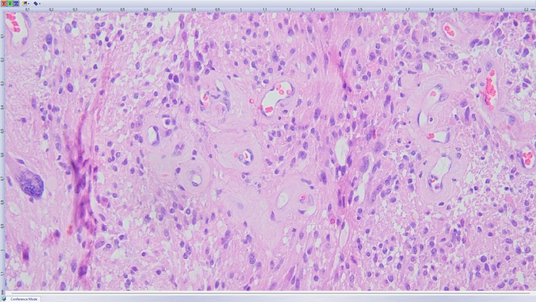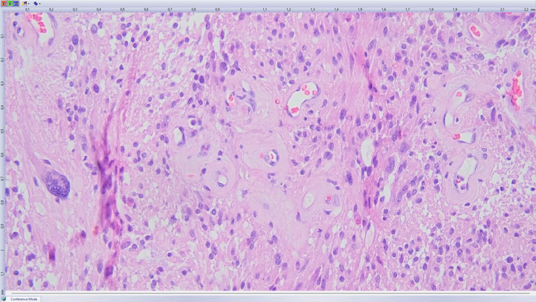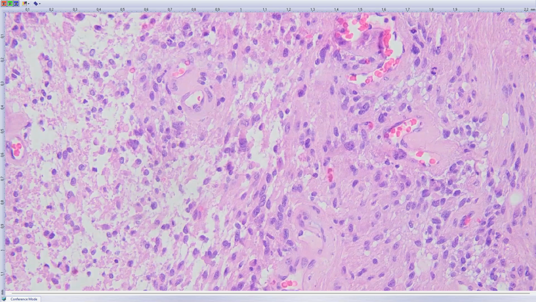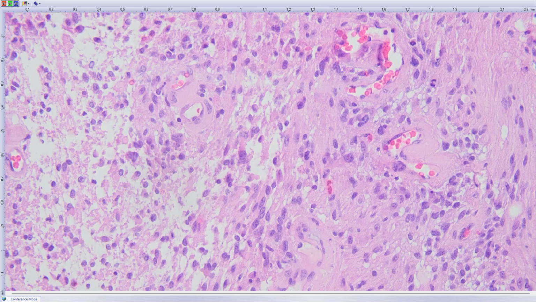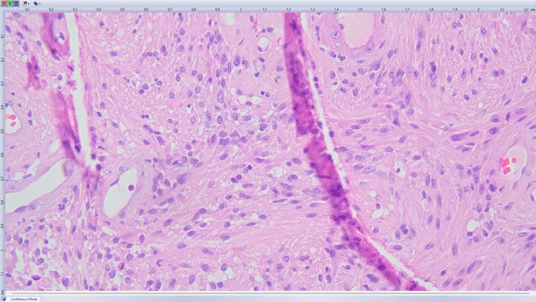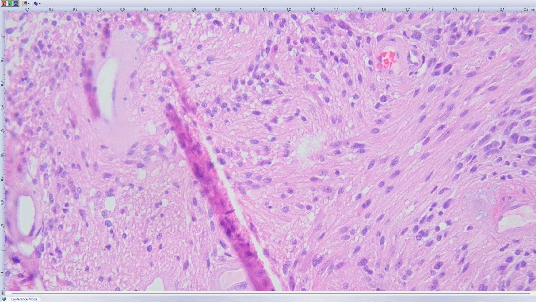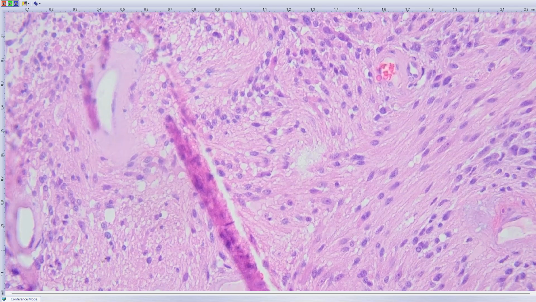So there are many features which lead you to the not correct diagnosis of pilocytic astrocytoma. You have to be careful with piloid-looking tumors in adult patients, and probably do methylation profiling for all of these cases.